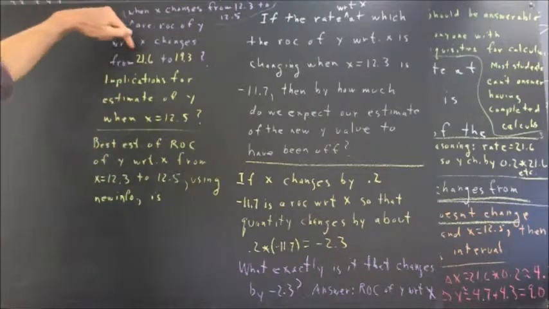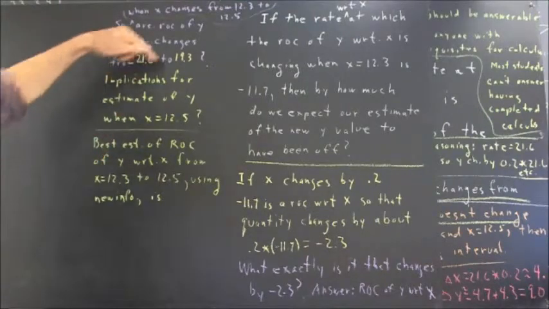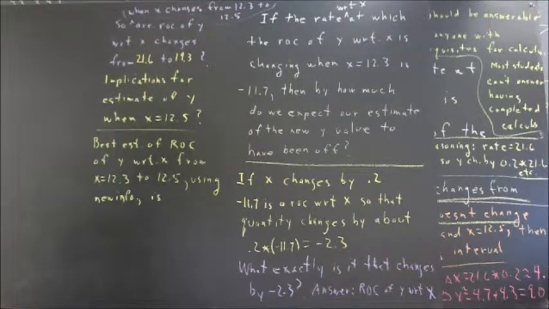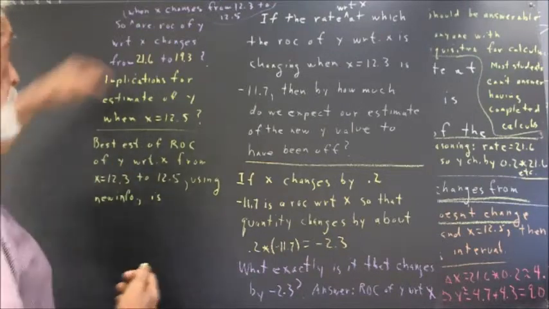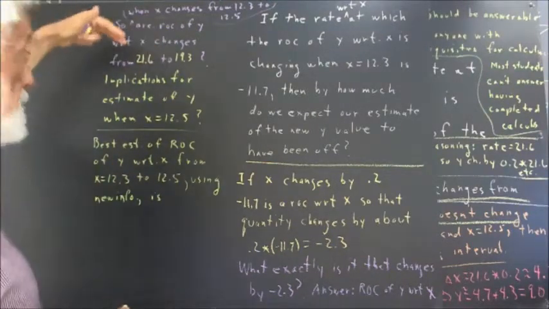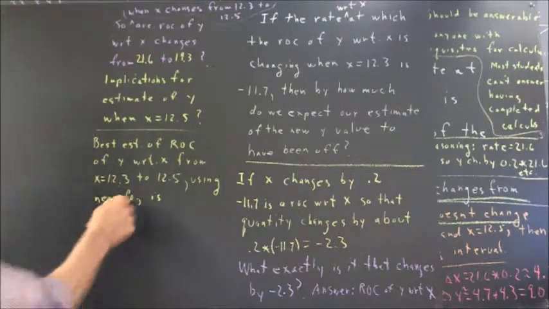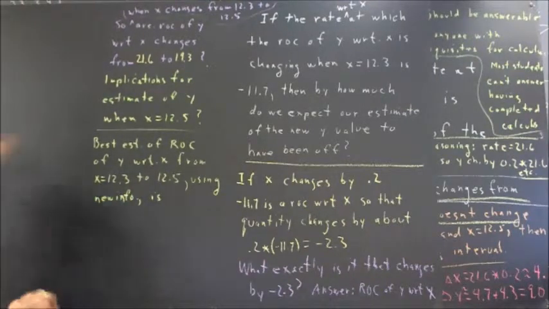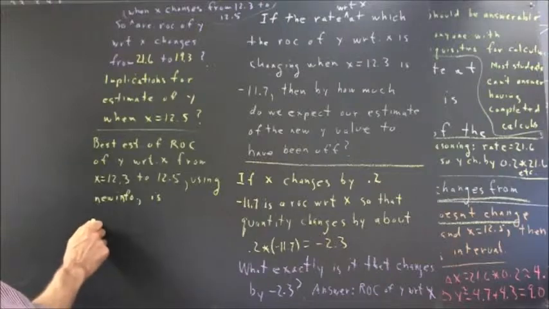Well, if the rate of change is 21.6 at the beginning of the interval and 19.3 at the end of the interval, then you would expect that the average rate of change might be the average of these two numbers. It would be somewhere in between. Now, with further information, we might find that that's not really true, but given the information we have, that's our best guess.